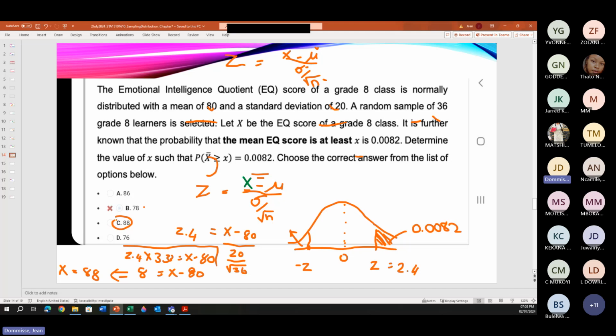So again, it is very much similar to that one that I showed last time, where we got the number of students, we've got the probability, and we needed to work out the whole class setup.